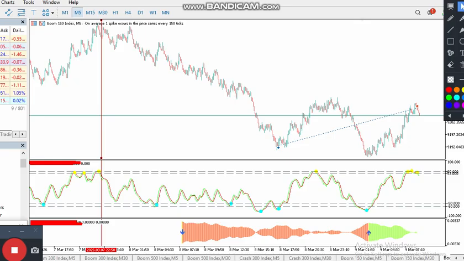So let's see how this trend is going to move. Either it goes again, breaks this same level and gives us another trend, or it comes down a little bit, just reverses a little bit before taking another strong uptrend. So that is how this strategy works, and we can see that it also appeared here.